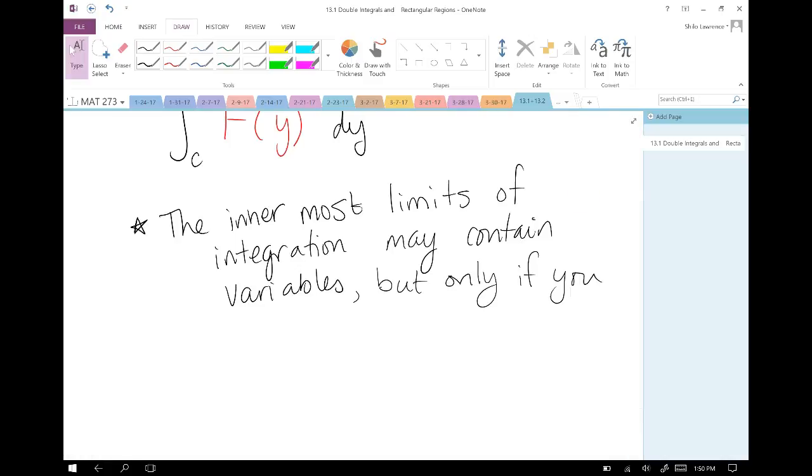But only if you have not integrated for that variable yet. Because if I've already integrated for that variable, I don't want to reintroduce it again. If we've already integrated for that, then we've already taken care of it and gotten rid of it out of the problem. So to have that variable in the limits means I'm reintroducing it after I've already done an integration and gotten rid of it.